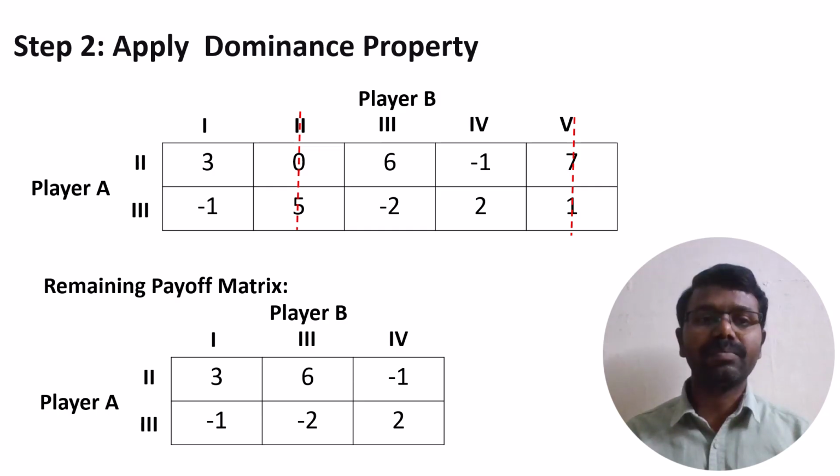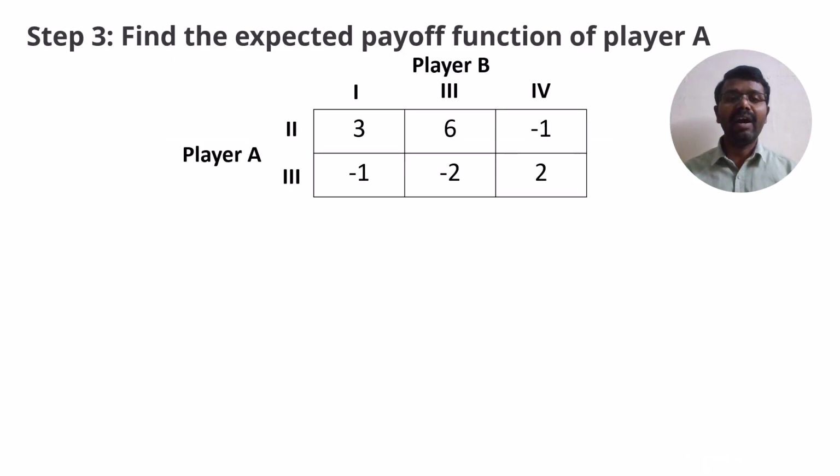In the third step, to solve this problem by the graphical method, we need to first find the expected payoff function of player A. So now this is the final payoff matrix which we are getting after the dominance property principle.